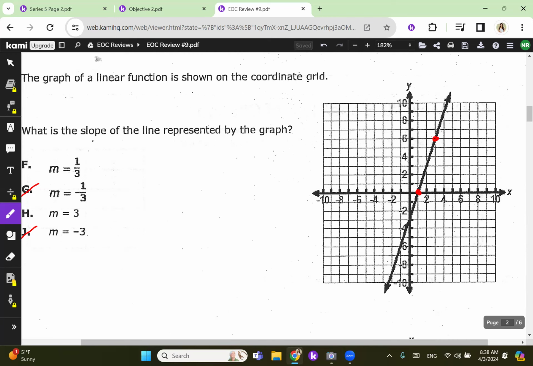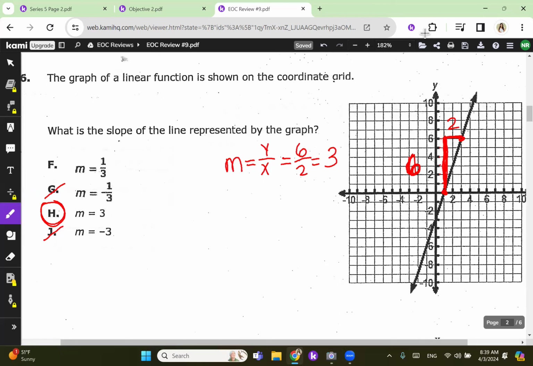That's fine. Okay, so remember, finding the slope is rise over run. Your y-axis goes up and down. First, you get the rise. 1, 2, 3, 4, 5, 6. And then you find how much you go across the run, which is 2. 6 divided by 2 is 3. So your answer is H. Let's say you forget that. You can always pick those 2 points, 1, 0 and then 2, 6, and put those in stat edit as well. Okay.